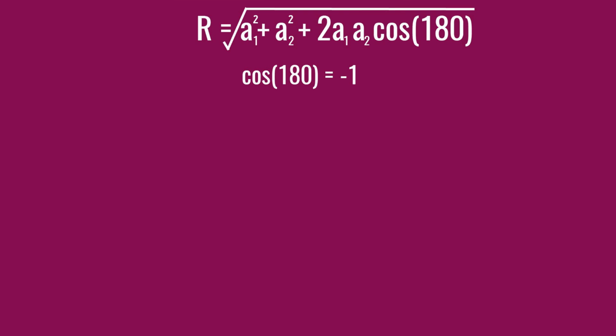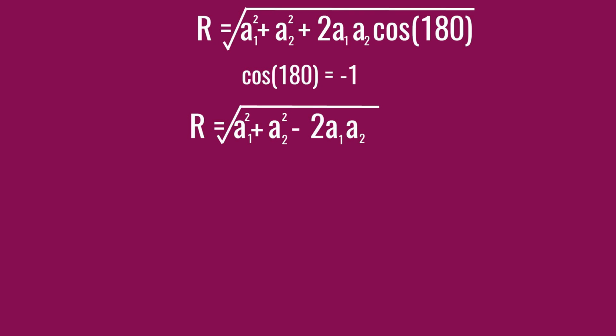As cos of 180 degrees equals minus 1, R equals square root of A1 square plus A2 square minus 2A1A2, and we know that (A1 minus A2) the whole square equals A1 square minus 2A1A2 plus A2 square.